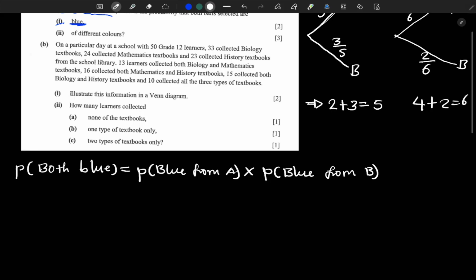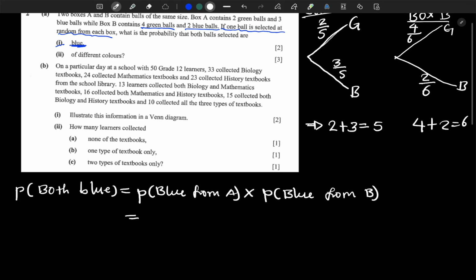Then what is the probability of picking blue from A? Blue from A is 3 over 5, so we put 3 over 5 times blue from box B, which is 2 over 6.